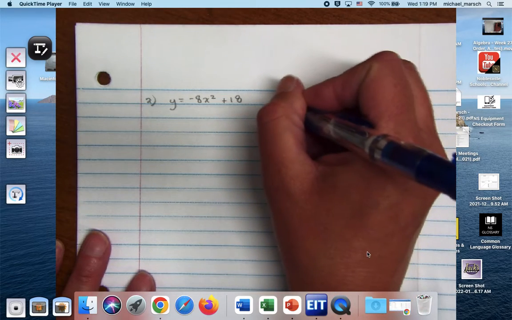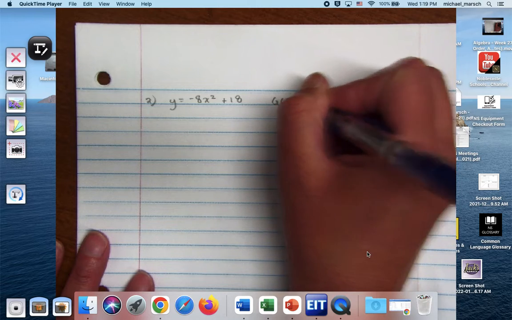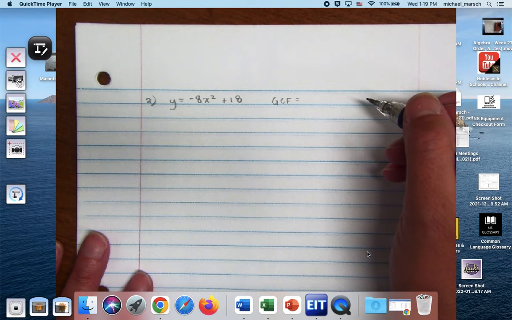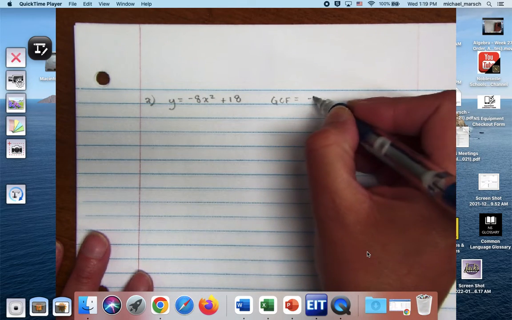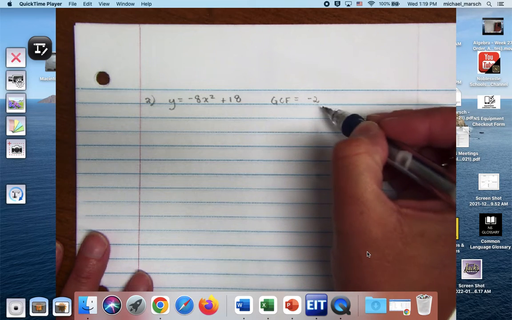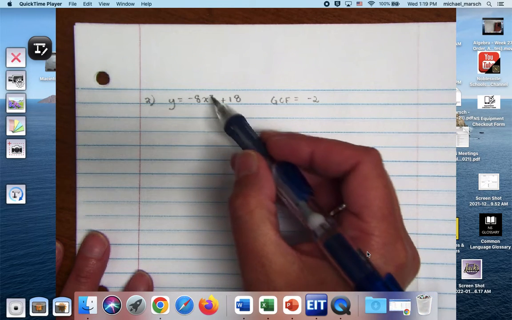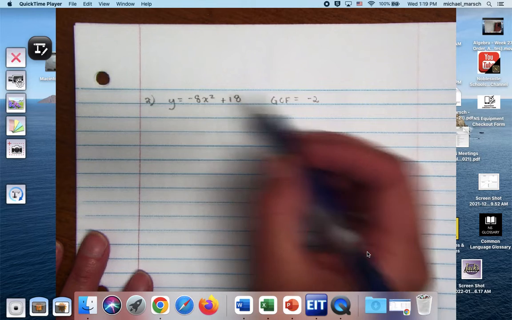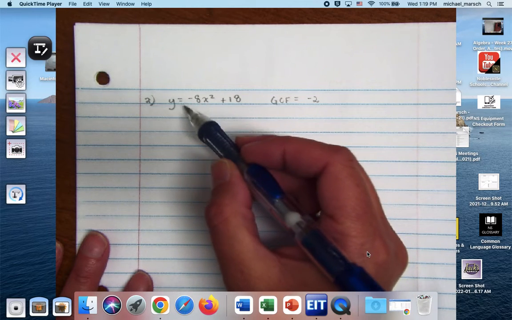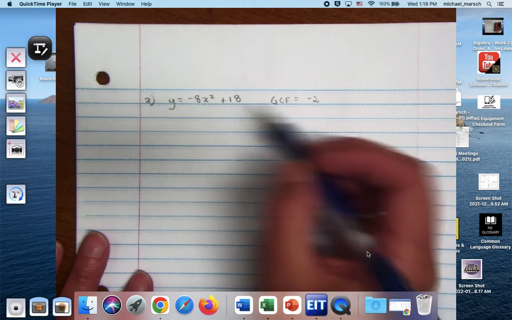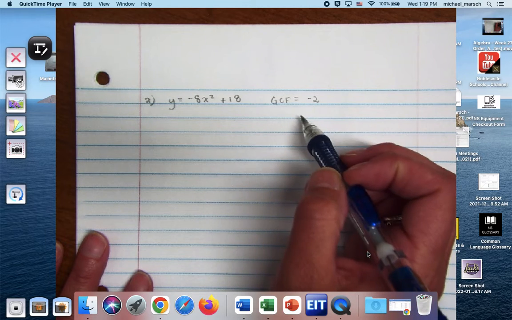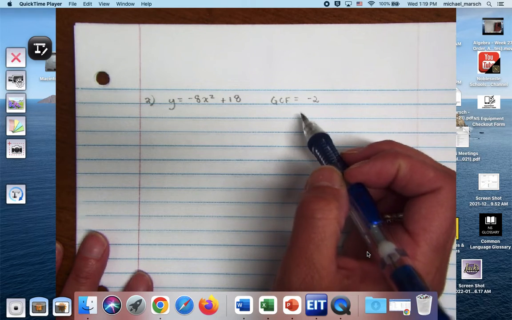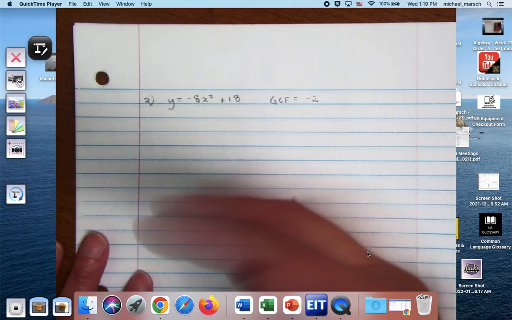So what would my greatest common factor be here? 2. We're actually going to take out negative 2, so that way our x value is a positive coefficient. So if you have a negative a value, go ahead and take out a negative greatest common factor so that you don't have to deal with that negative the whole time.